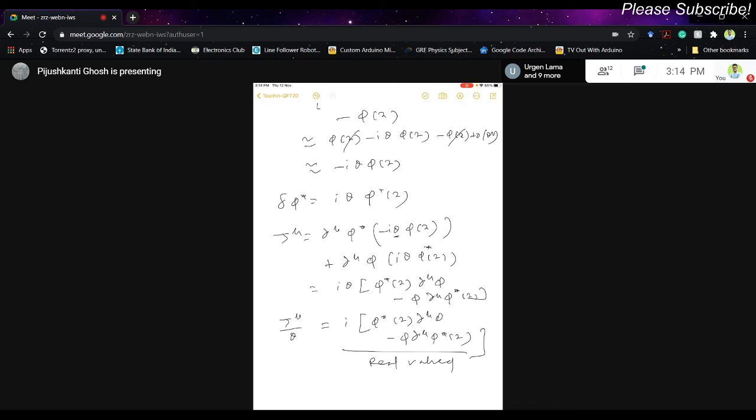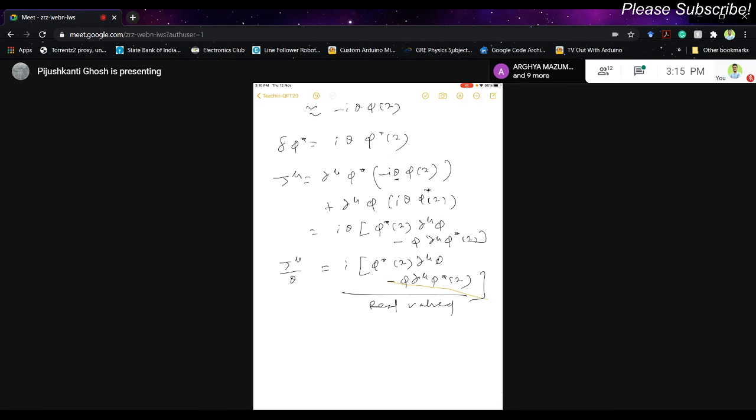And as you can see, if del mu J mu is equal to 0, then del mu of J mu by theta is also 0. So in the expression of J mu, I can simply throw out theta and write J mu equals i times phi star del mu phi minus phi del mu phi star.